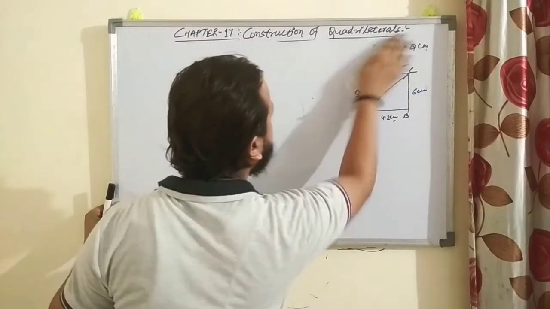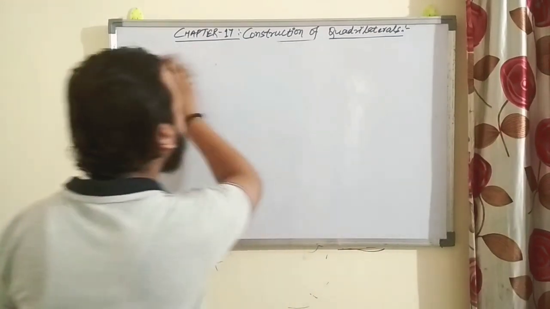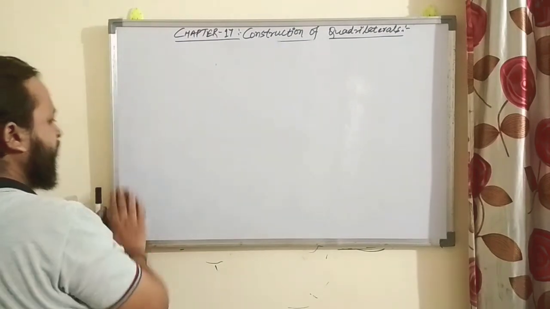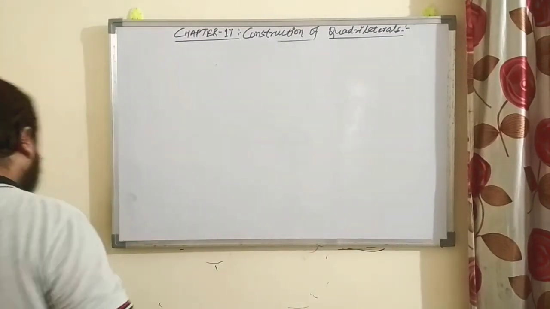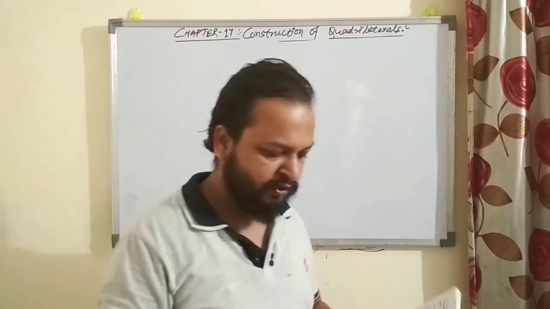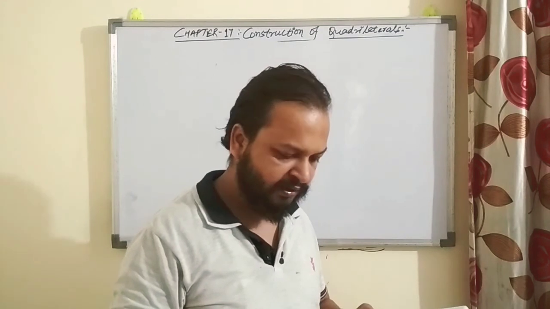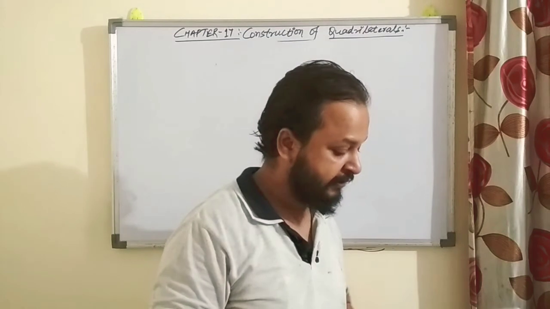The same way, just construct the quadrilateral as in question number 1. PQ, QR, RS and SP.